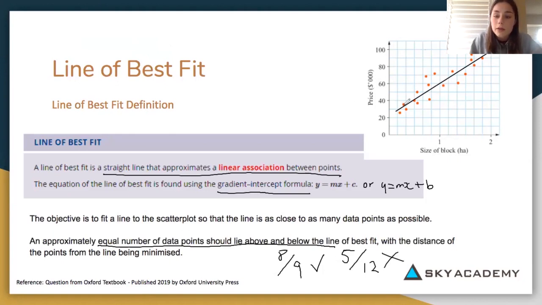So above, I have 1, 2, 3, 4, 5, 6, 7, 8, 9 above, and 1, 2, 3, 4, 5, 6, 7, 8, 9 below. And then I have 2 points, 1 and 2, lying on the line. So it doesn't matter if you have them lying on the line or not, but your main aim is to have an equal number, 9 and 9 above and below.